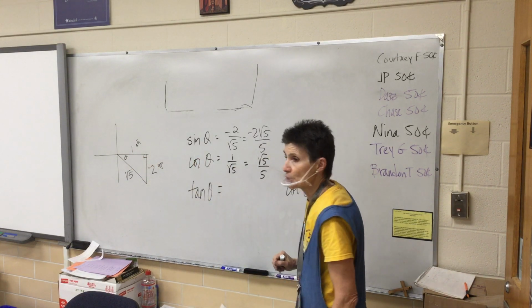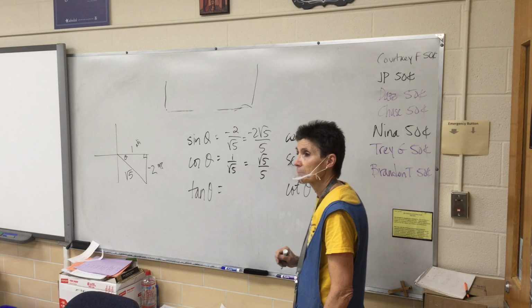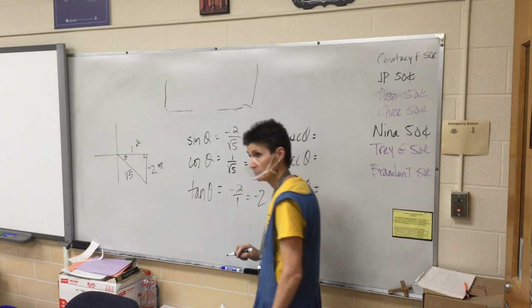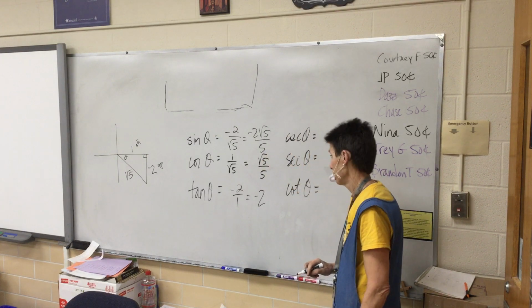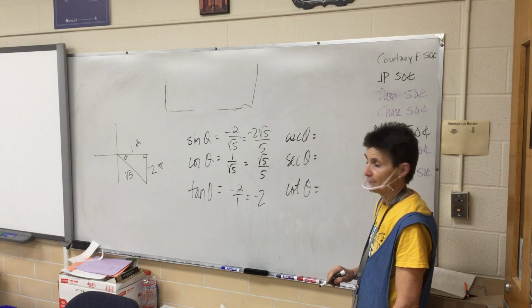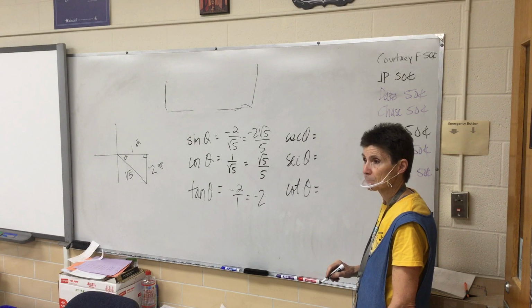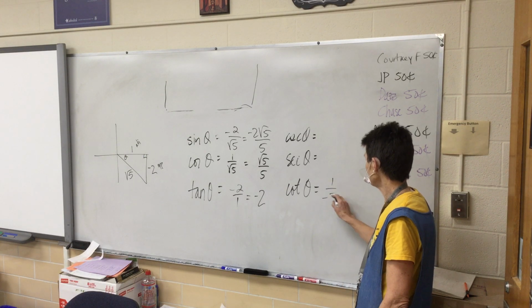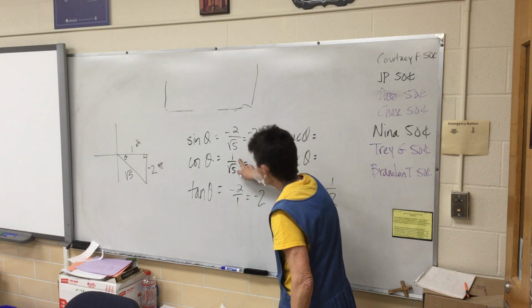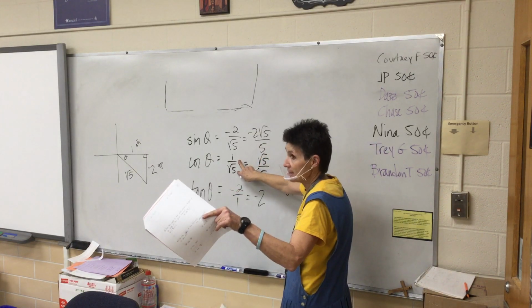How about my tangent? -2 over 1 or just -2, if you prefer. And my cotangent. 1 over -2. Oh, and my secant. 5 root 5 over 5. Okay, that simplifies.